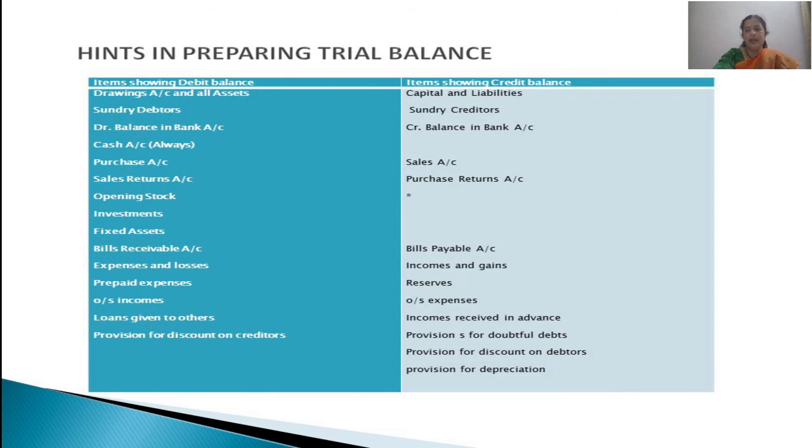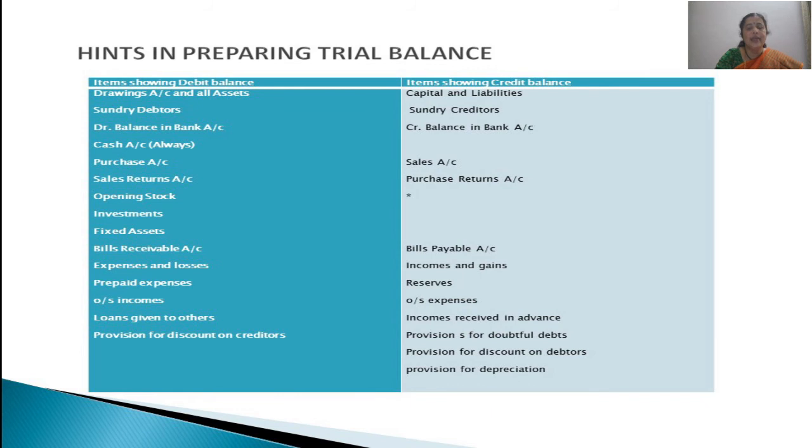Capital is the main item written on the liability side, because it is the amount we have to pay back to our shareholders. It is not our asset, it is the amount belonging to our shareholders, so it is our liability. On the credit side, creditors is a liability. Credit balances in an account mean we have taken loans or overdraft.